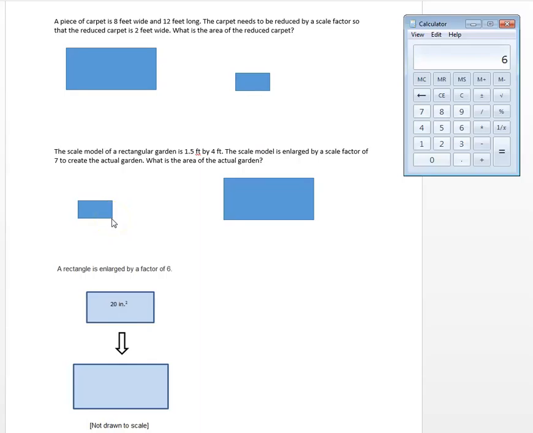Here's a problem that we go the other direction, where we're enlarging something. So we start out with a garden that is 1.5 feet wide and 4 feet long. It says we are going to enlarge it by a scale factor of 7. So when we're enlarging, the mathematical operation that represents enlargement is not division, it's multiplication this time.